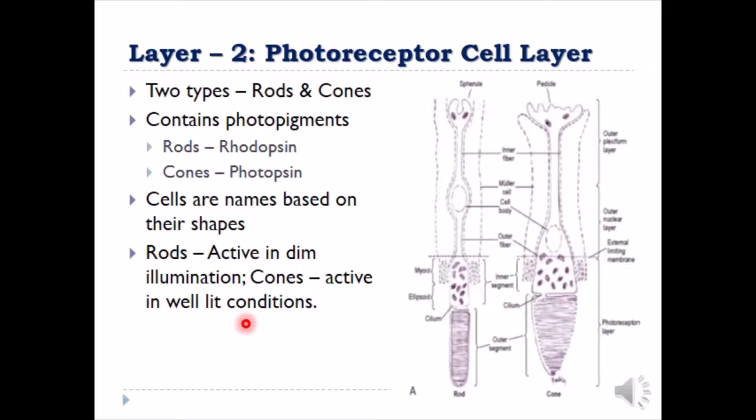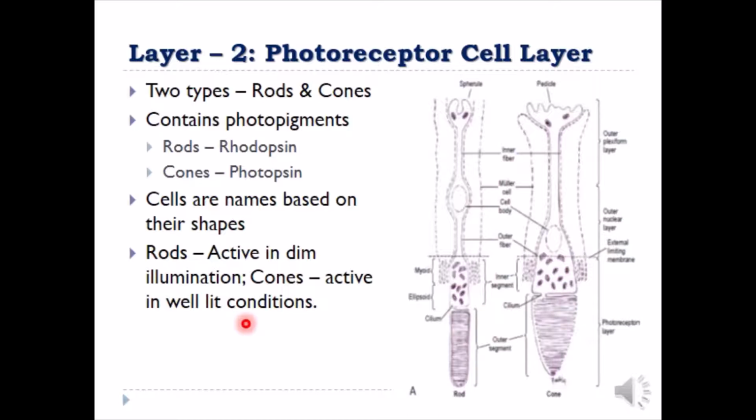Rods cannot process color, but rods can help us identify movements. In our visual field, if an object is moving, especially when we are driving, and a vehicle is coming from your side, because you are looking straight, this movement in the side visual field is perceived with the help of rods.